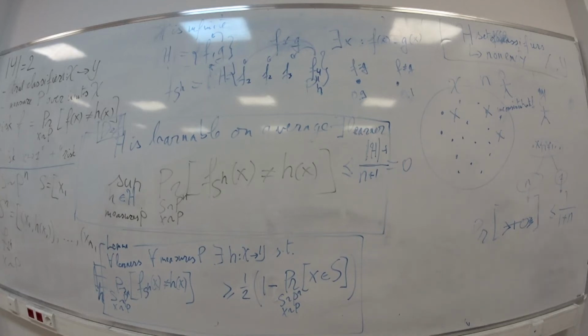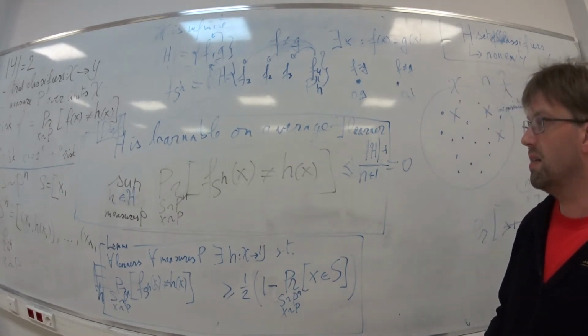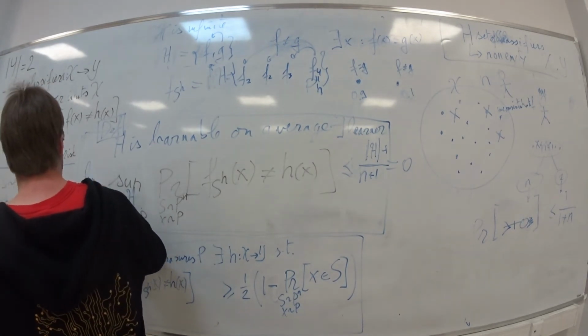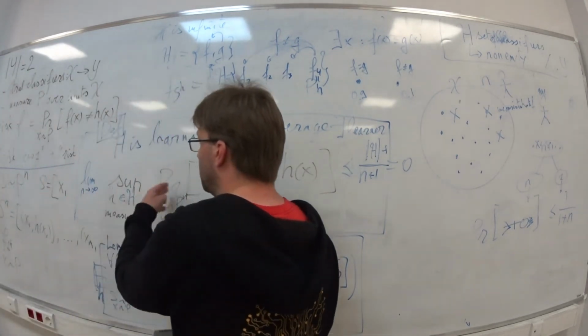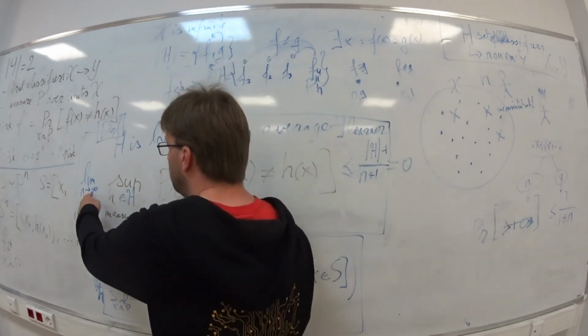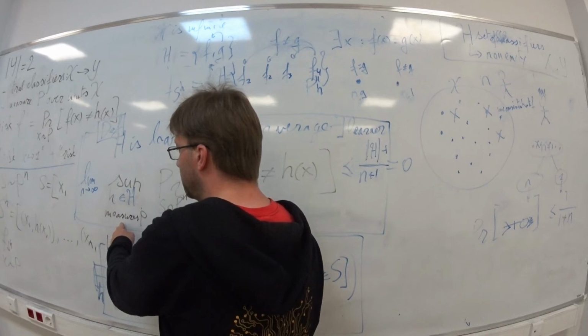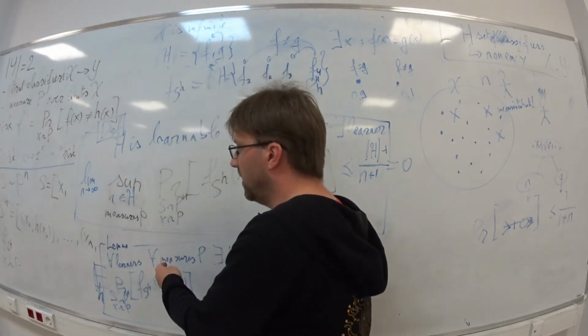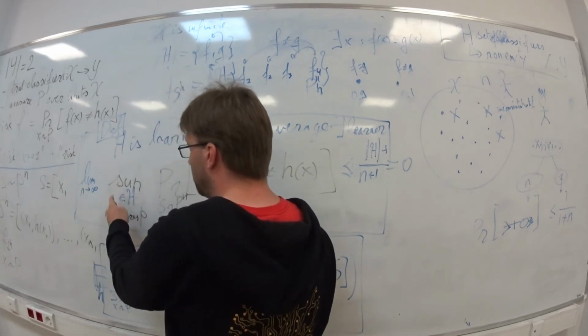Okay, so now there is one more remark. So here we had the limit of n to infinity for learnable on average. And then you say, why do you put, so there are three operations: limit, supremum over h, and supremum over the measure p. And so why do you put the order limit, supremum h, supremum p?